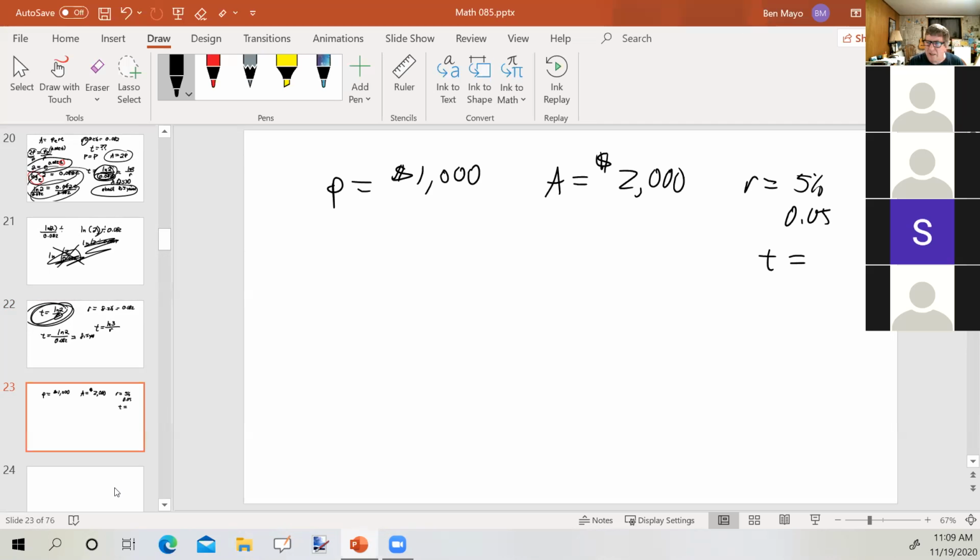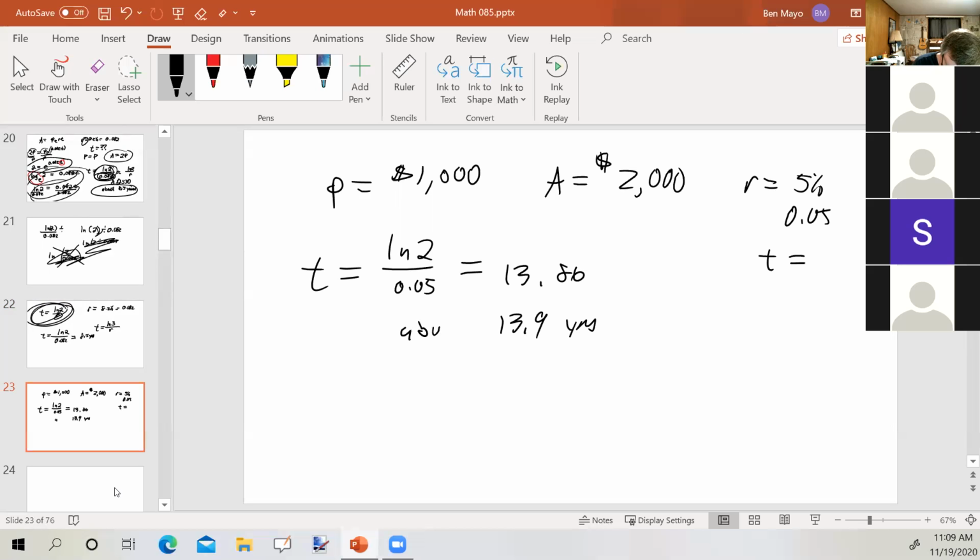So could we use that shortcut formula on this? Absolutely. The time would be the natural log of 2 divided by 0.05. It's going to be 13.86, so we'll say about 13.9 years.